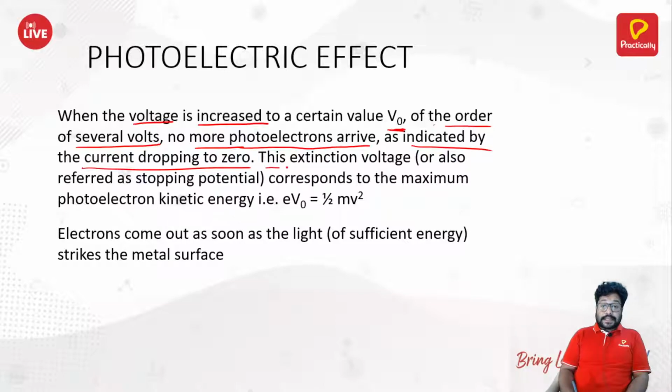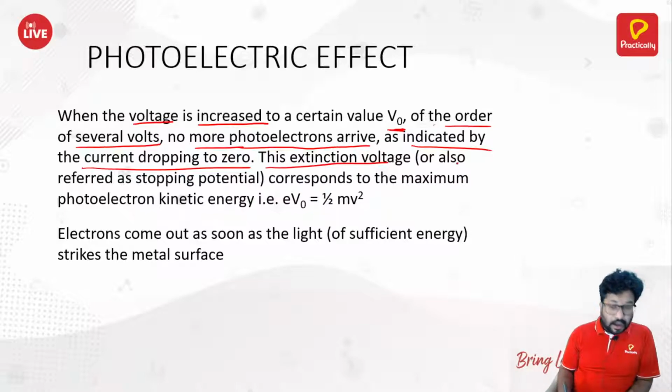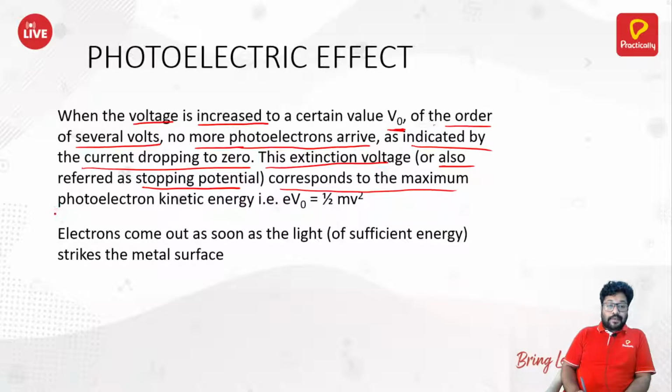This extinction voltage, also called the stopping potential, corresponds to the maximum photoelectron kinetic energy, that is, eV0 = 1/2 mv squared. Let's not get into this yet, let's just understand this.